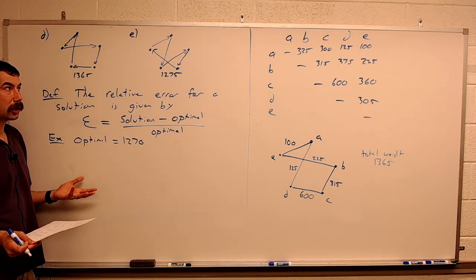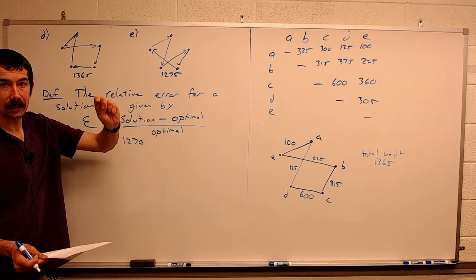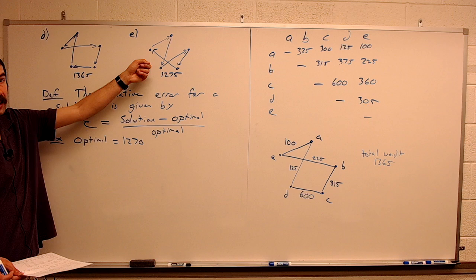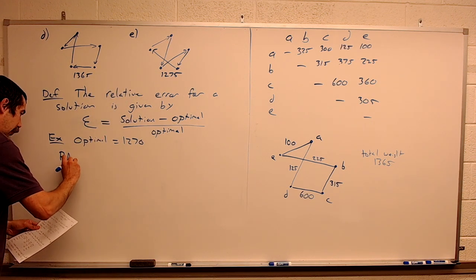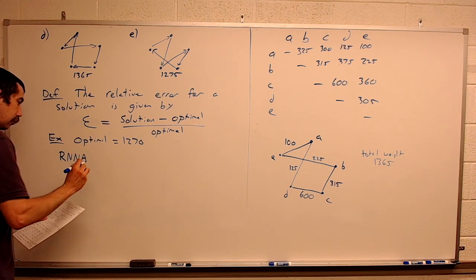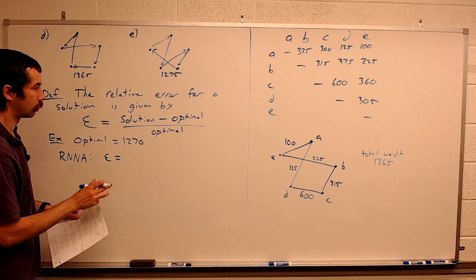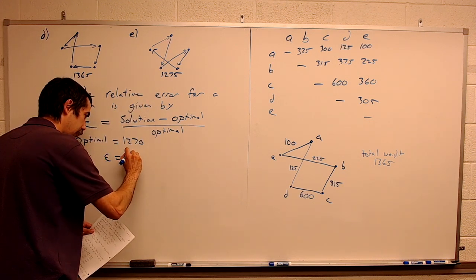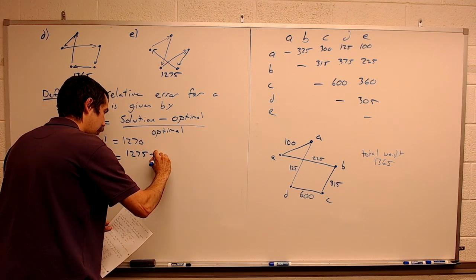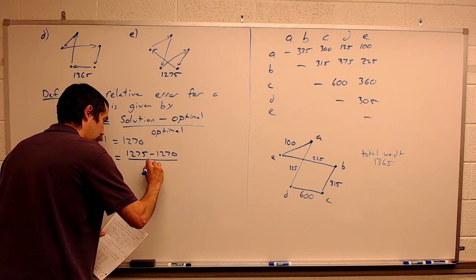All right, so let's compute the relative error for the cheapest link and also for repetitive nearest neighbor. So repetitive nearest neighbor, epsilon is equal to our solution, 1275, minus 1270 over 1270.